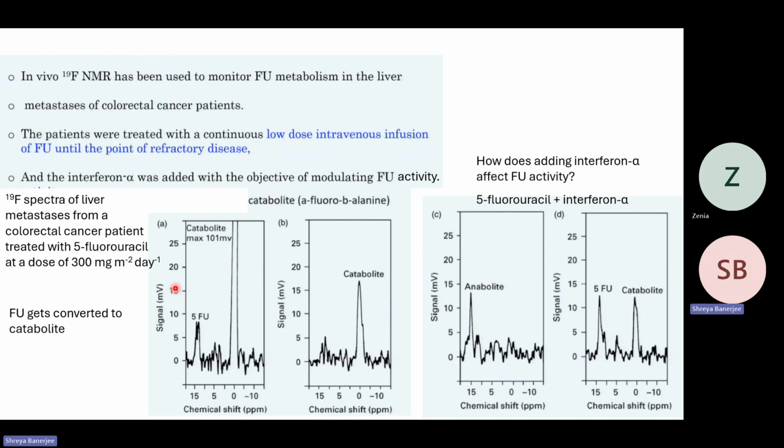You need the fluorouracil to immediately get metabolized. In that case, you will not add the interferon. But if in another patient you need a lower dose of fluorouracil over a prolonged period of time, you need it to work slowly, then you will add this interferon. In this case, the metabolism of fluorouracil will be slowed down, and it will persist in the system even after a long time.